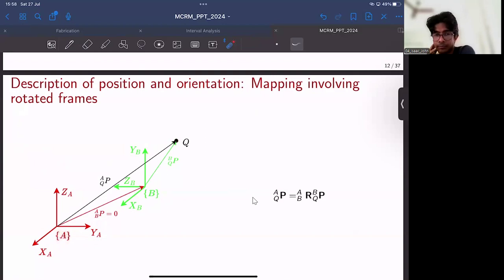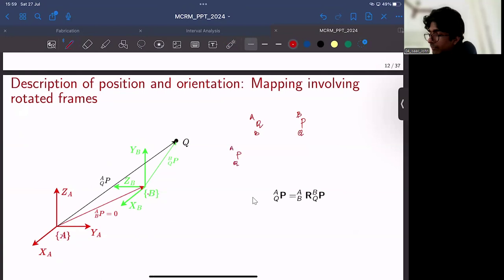What you do is that if the position of point Q with respect to B is known, and we also can figure out the rotation matrix of B with respect to A, then the position vector of Q with respect to A is given by this expression.